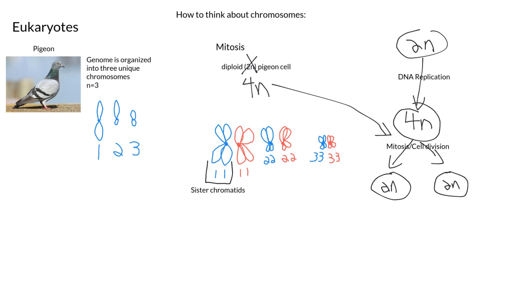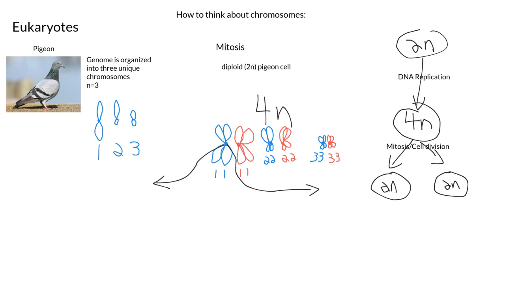Try not to get confused with the word chromatid instead of chromosome. The reason that we call these chromatids and not chromosomes is that they're actually joined together physically at the centromere. So technically they're sister chromatids, but they are all one single molecule because of the centromere joining there.